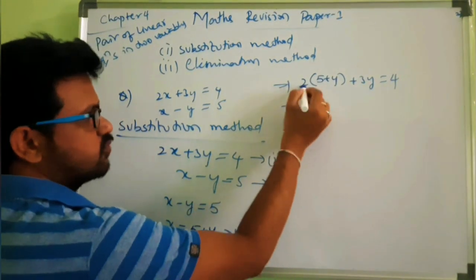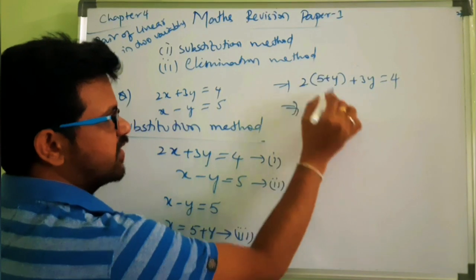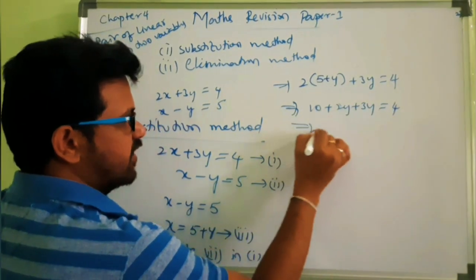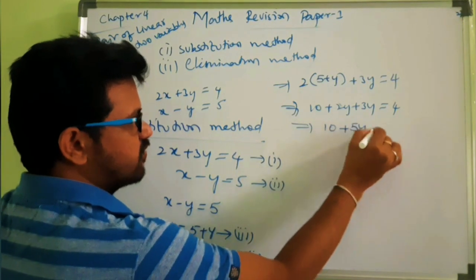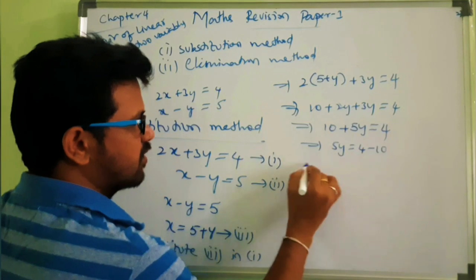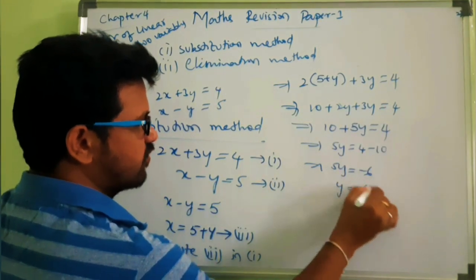So 2 into 5 is 10, plus 2y, 2 into y, plus 3y is equal to 4. That is 10 plus 5y is equal to 4, so 5y is equal to 4 minus 10. So 5y is equal to minus 6, y is equal to minus 6 by 5.